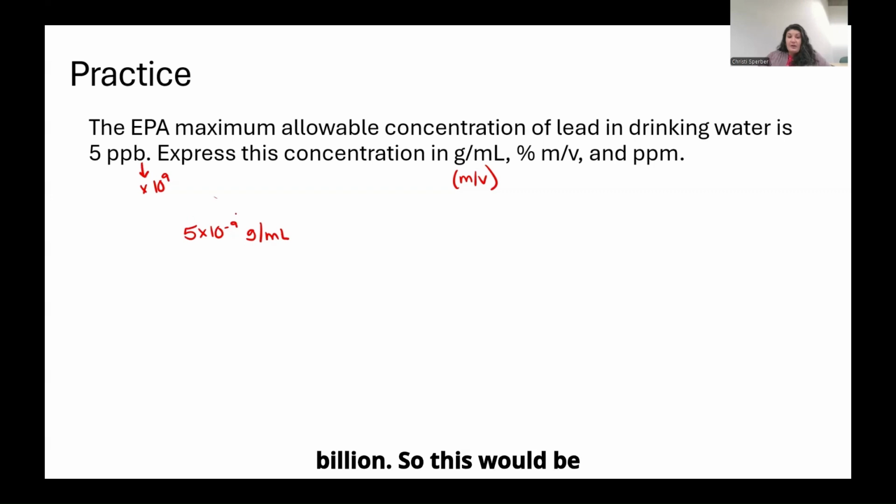So this would be the mass volume. The percent mass volume would be your mass volume times 100. So this one would equal 5 times 10 to the negative 7th.